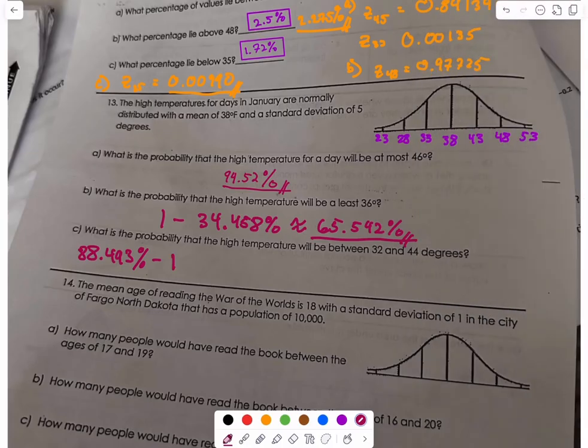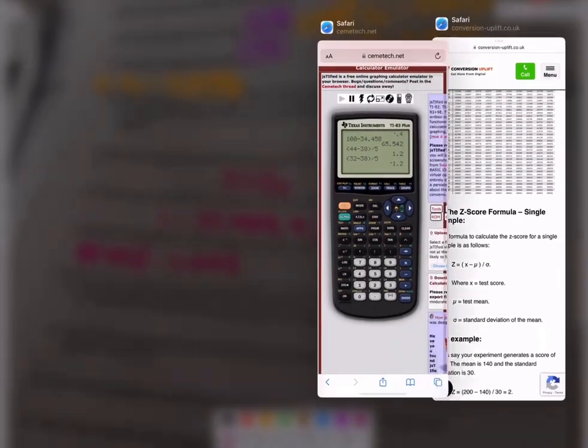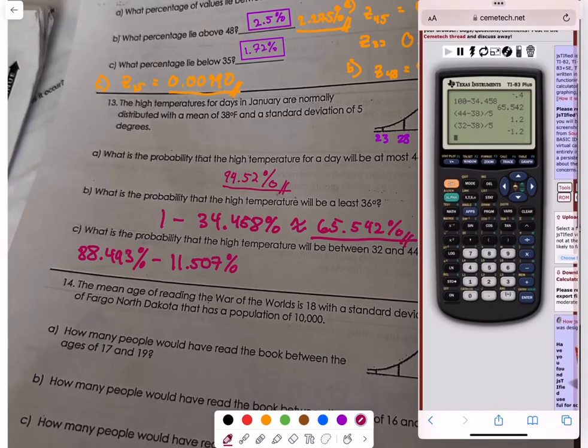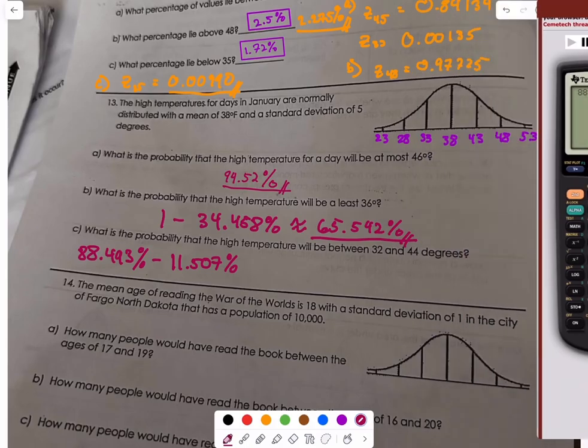So then if we want the probability that's between, we subtract these two numbers from each other. Okay, clear. 88.493 minus 11.507, 76.986.